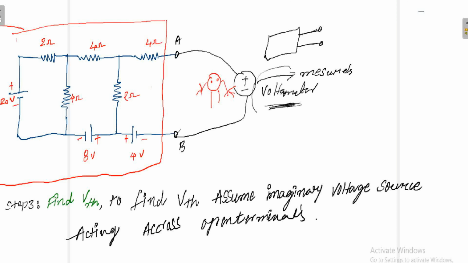What will be the meaning of this voltage? This voltage is nothing but some voltage which is created by this box.